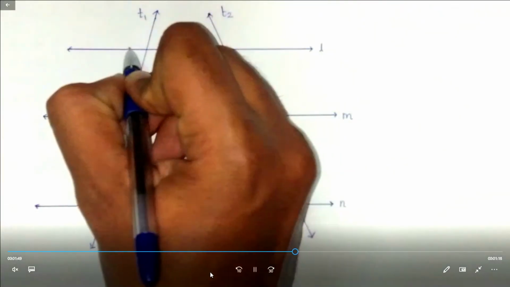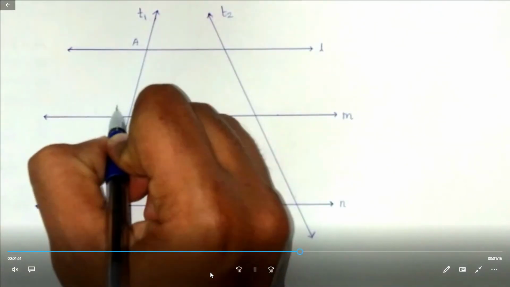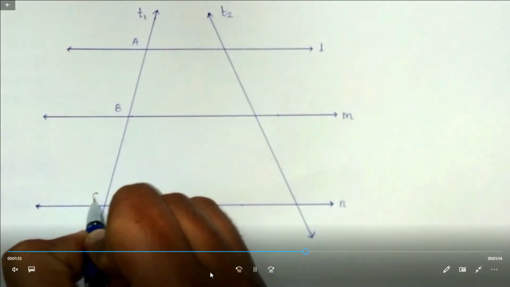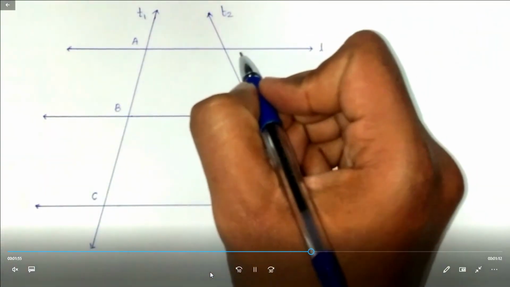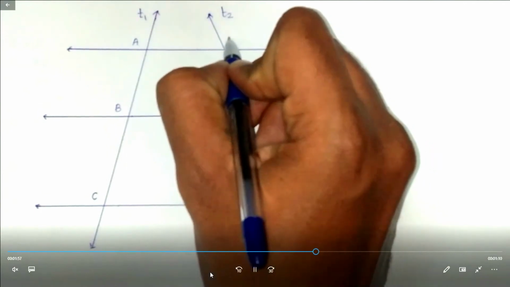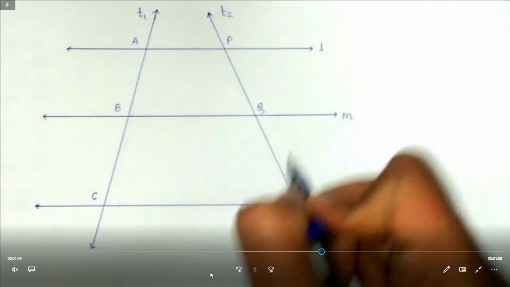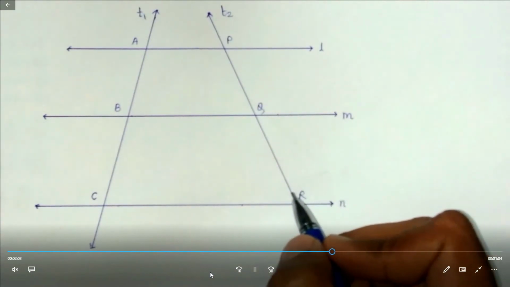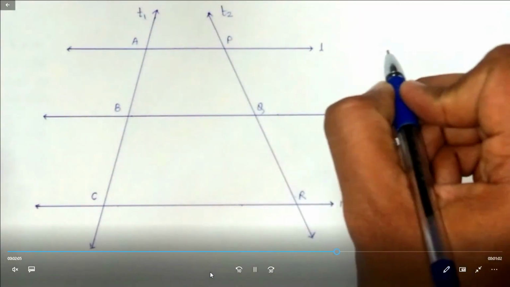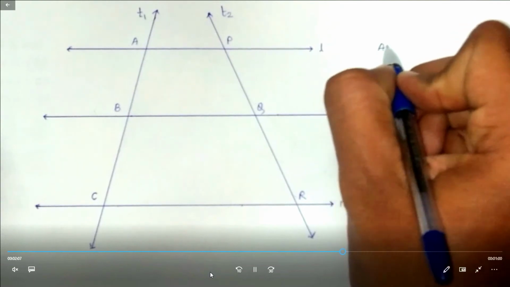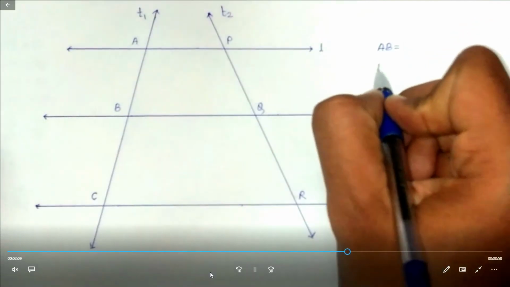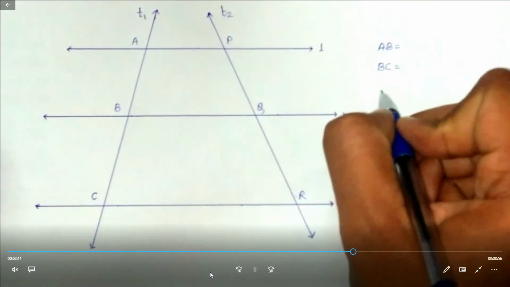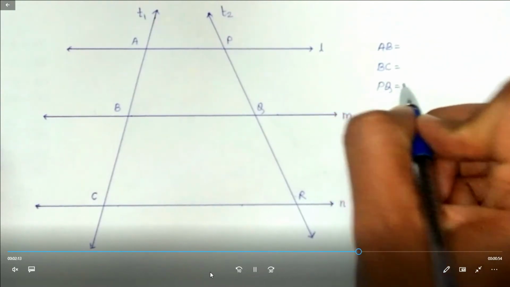Now we have to mention the names for the intersection points. A, B, and C are the intersecting points of transversal T1 with line L, line M, and line N respectively. Similarly, for T2, P, Q, and R are the intersecting points for line L, line M, and line N respectively.